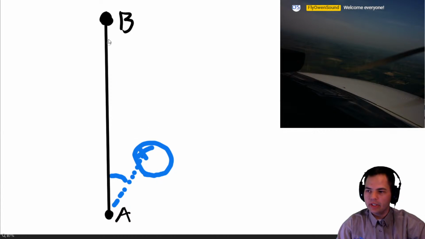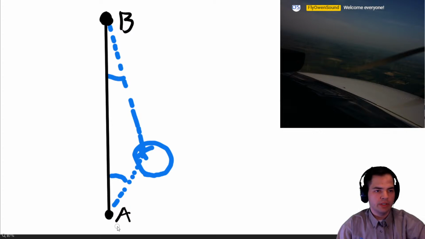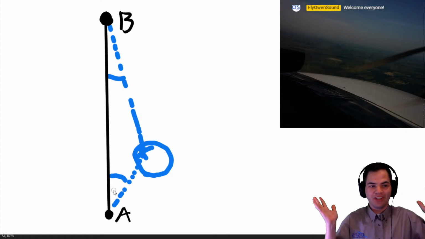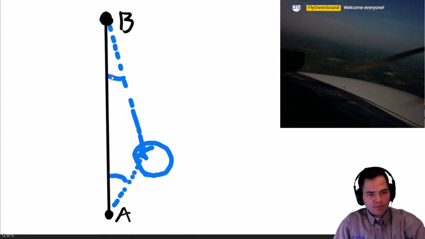The other angle is from the destination to our position. If we were to fly directly to the destination, that would be the closing angle right there. So the opening angle here and the closing angle here make up the opening and closing angles method.